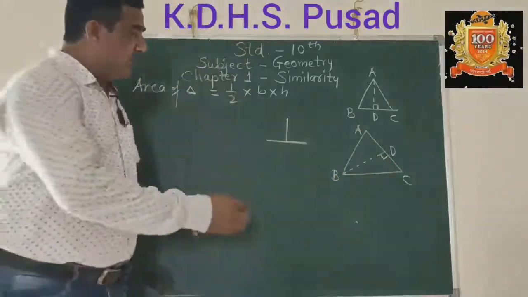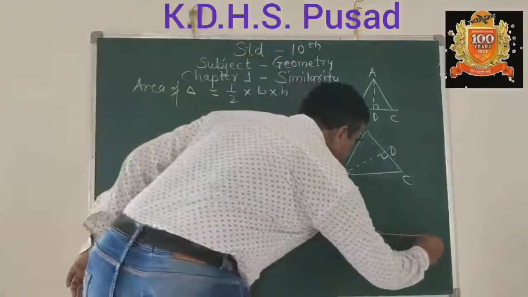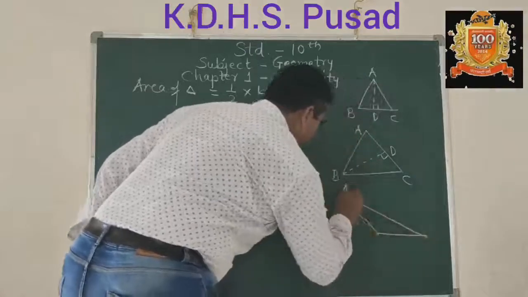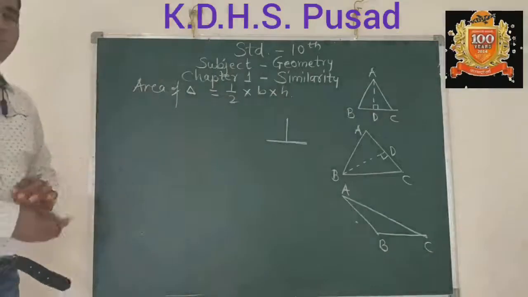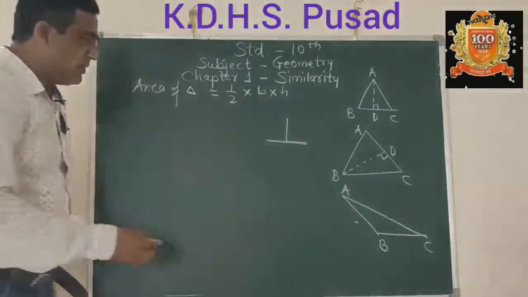Okay? Now one more question, when you have an obtuse angle triangle ABC. Now I want to draw the perpendicular, because obviously for area I want the perpendicular.